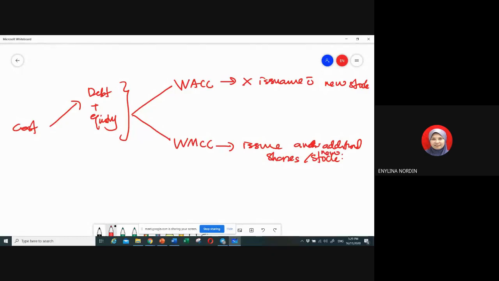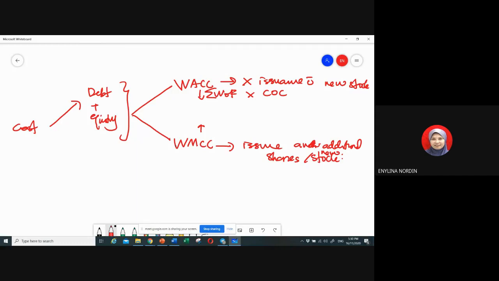So how to calculate the WACC and WMCC? That is the total of the weightage of financing of each component multiplied by the cost of capital of each component.